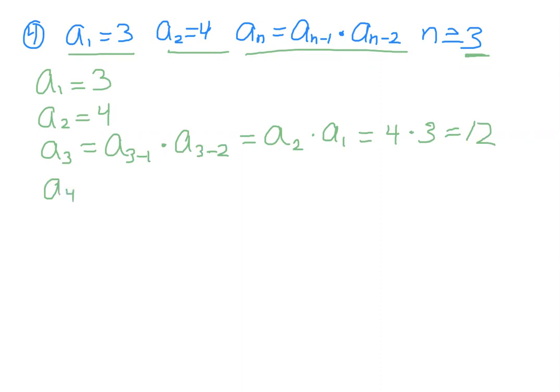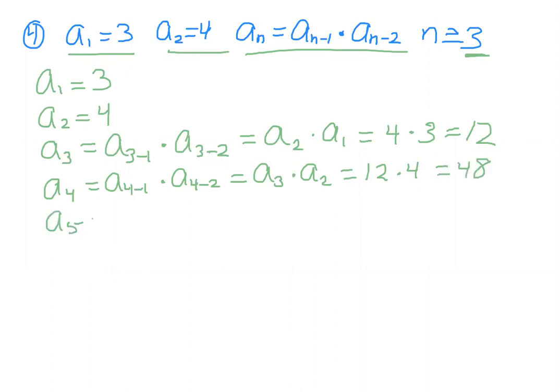And a4 is going to be a4 minus 1 times a4 minus 2, which is a3 times a2, which is 12 times 4, which is 48.